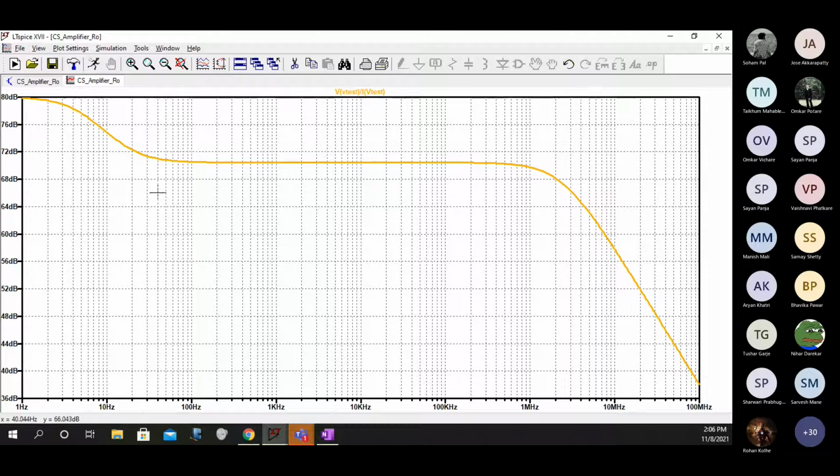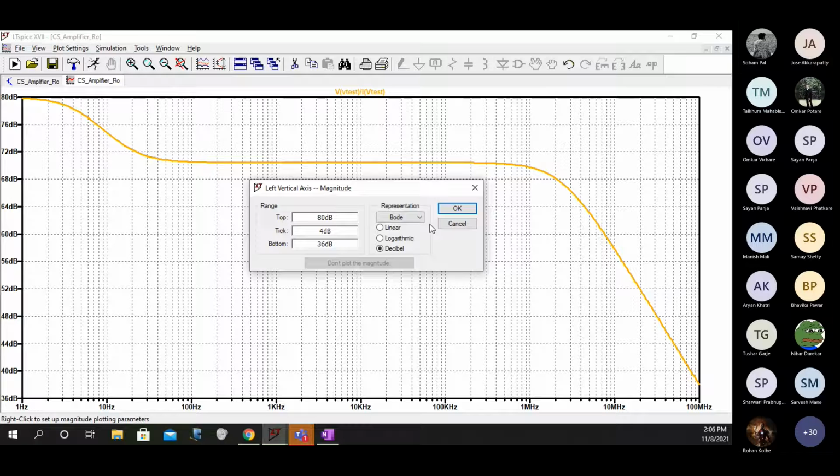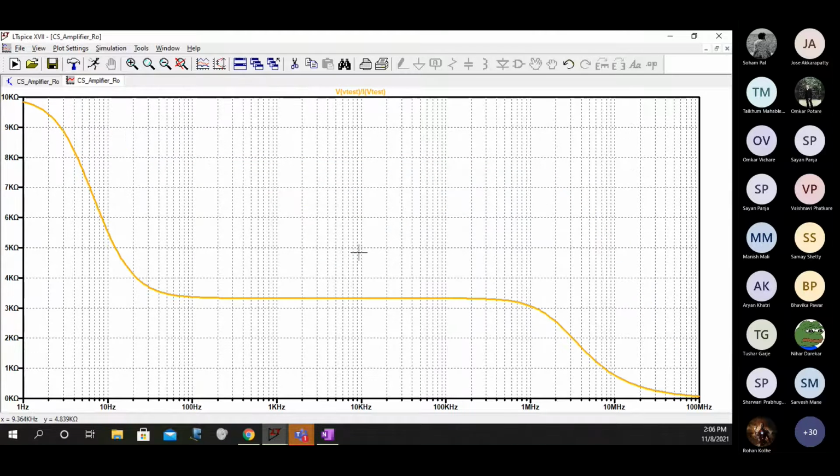I can't understand what this 72 dB is. So no problem. You can click on the y-axis and make the scale linear. Immediately you can see this dB has changed to K, which means it's in ohms. And now we have got the proper plot.